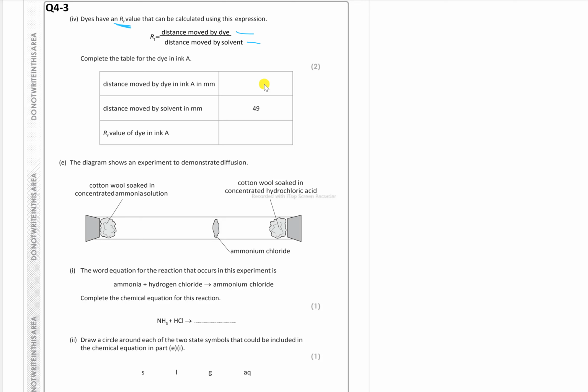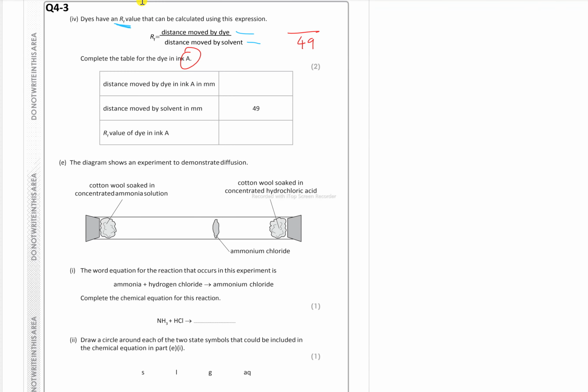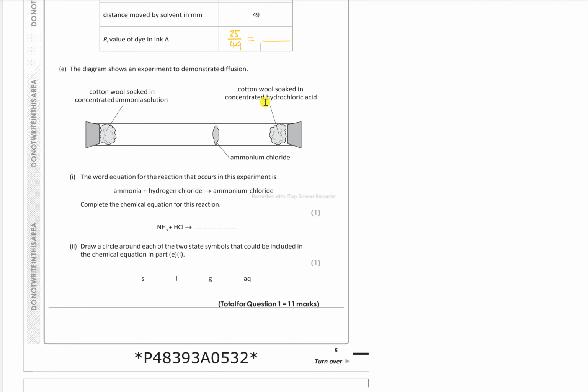Then you measure the distance moved by the dye in ink A. I looked at P, so let's look at A. You'd measure this. That's 49. Let's go for this as 25. So all you do is 25 divided by 49 equals the answer. Done.